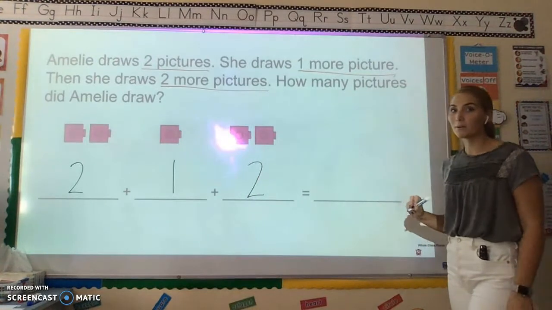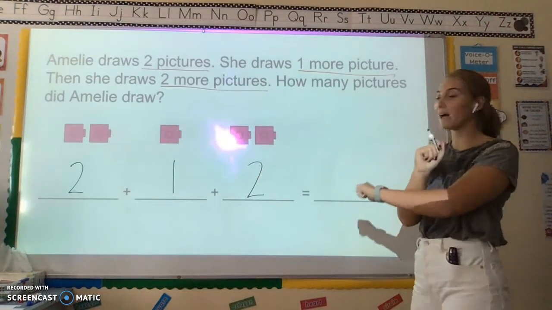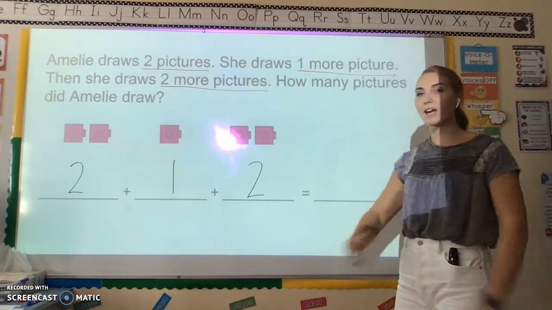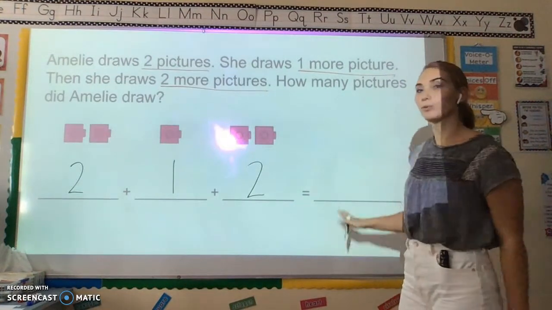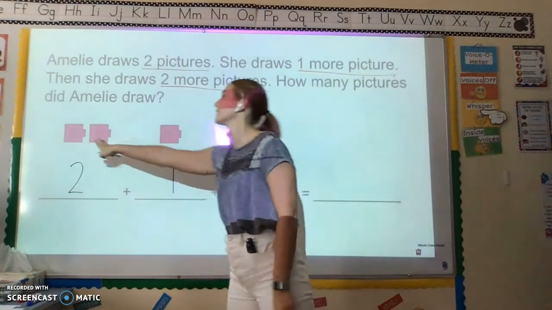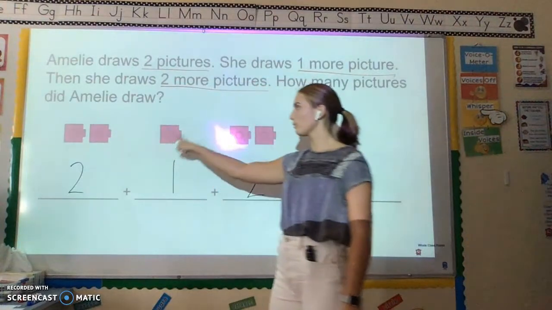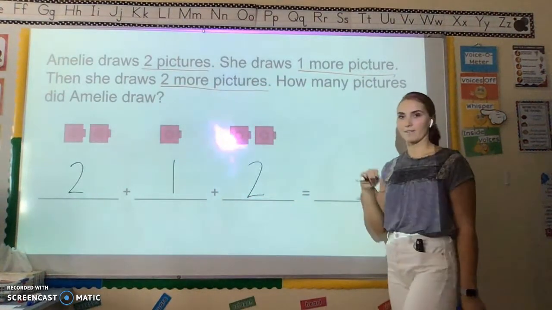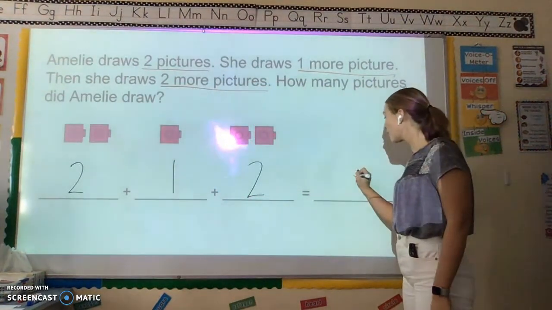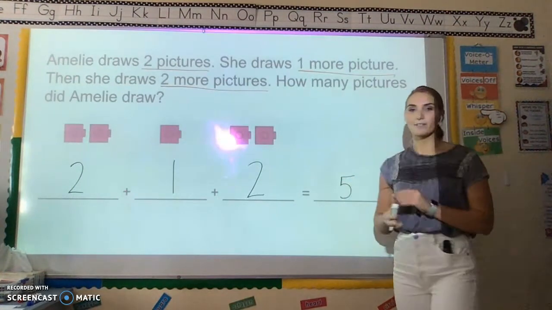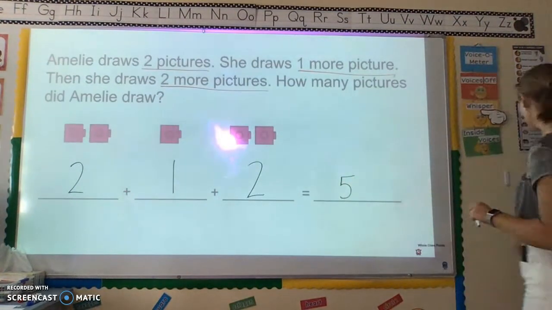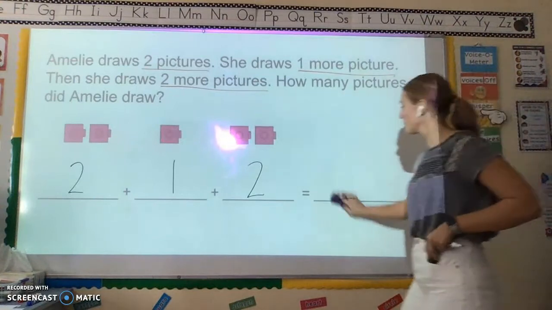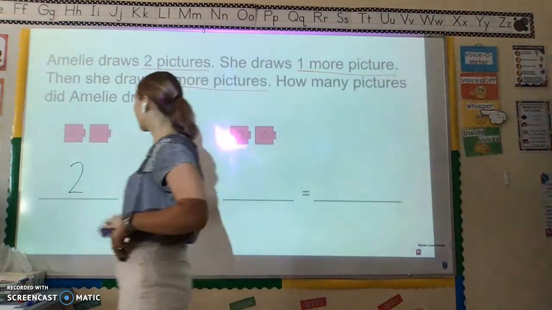So we are going to add them up to find what they are equal to, what the sum is. 1, 2, 3, 4, 5. So all together, Amelie drew 5 pictures. Kiss your brains, first graders. We're moving to our next example.